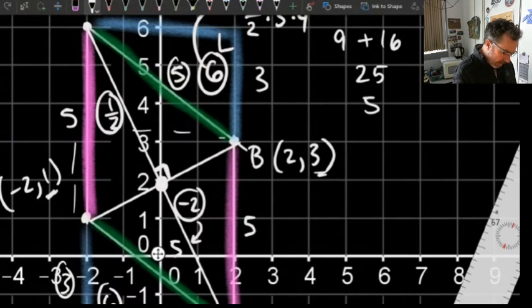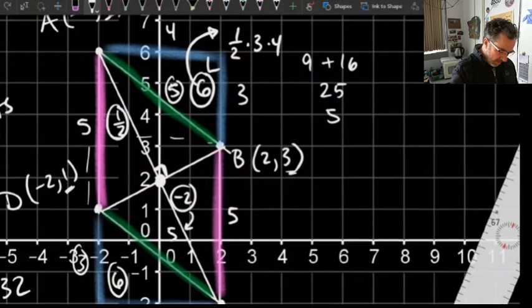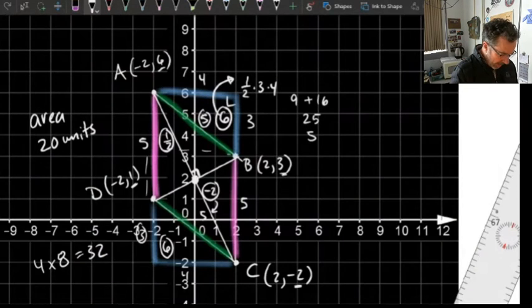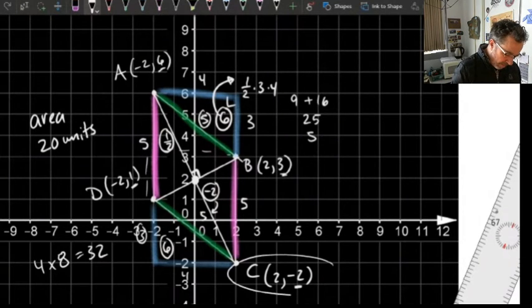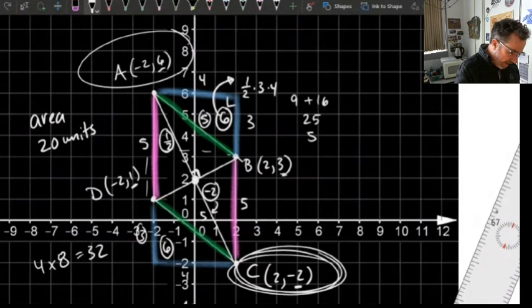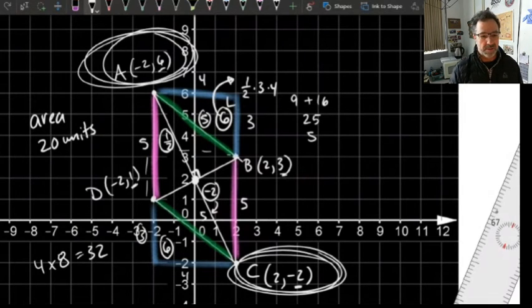If I focus on point C down here and point A up here, if I add the x's, -2 plus 2 is 0, half of that is still 0. So the x value for the midpoint is 0, and 6 plus -2 is 4, half of that's 2.